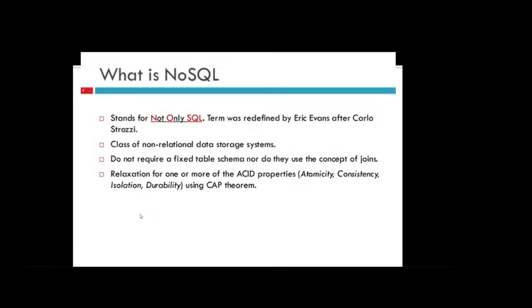So now, what is NoSQL? It stands for Not Only SQL. The term was redefined by Eric Evans, and this is just the history part. Here it says they do not require a fixed table schema, nor do they use the concept of joins, and there is a relaxation of one or more of the ACID properties. These ACID properties come in database management, in the SQL part.